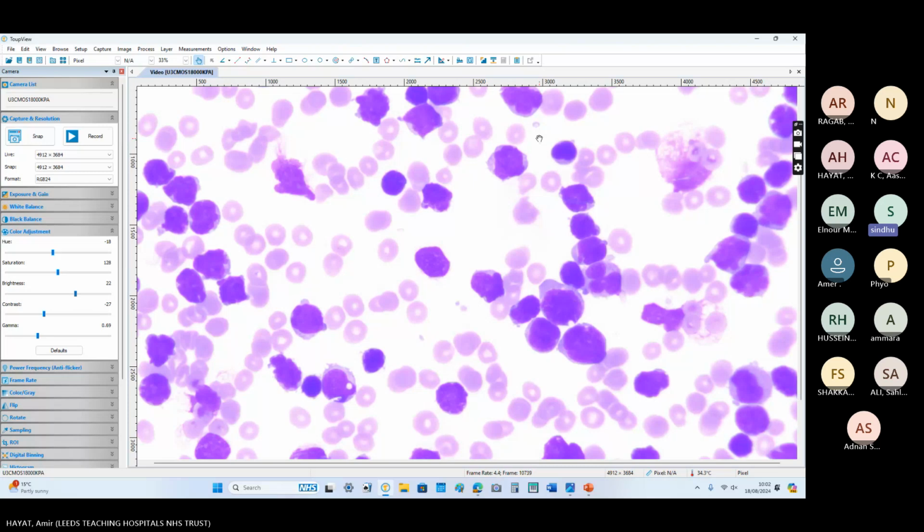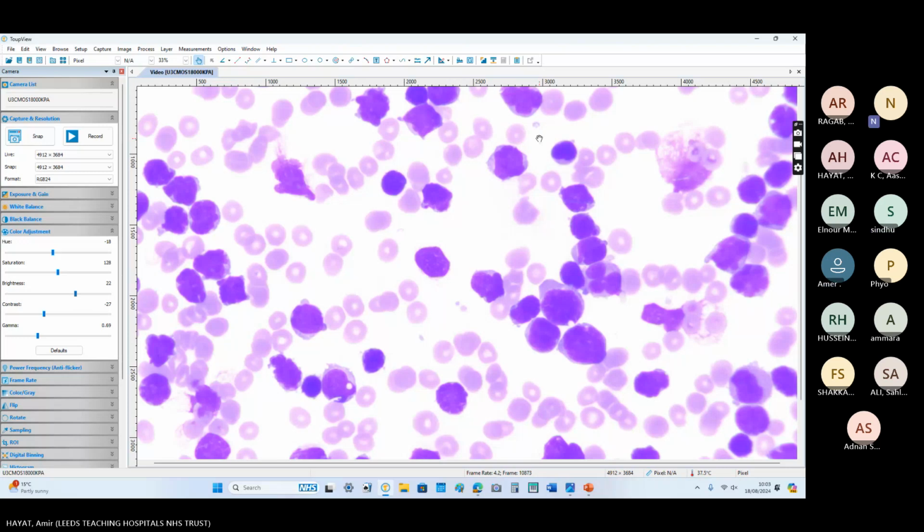I have seen many cases of APML. Hypogranular usually comes with pancytopenia, and hypergranular usually comes with hyperleukocytosis, but it would be 30, 50, 60, not 900, not 700, not 500.